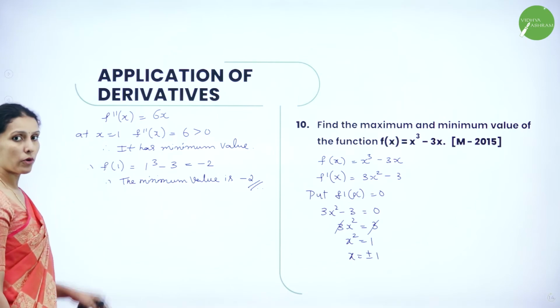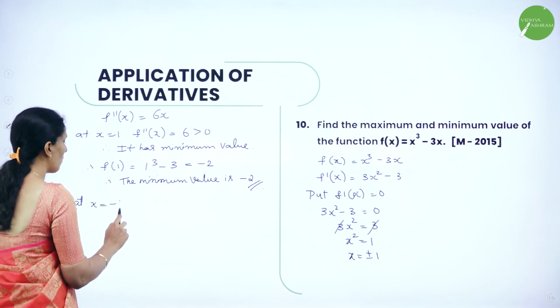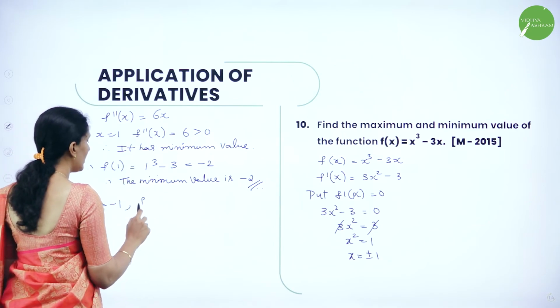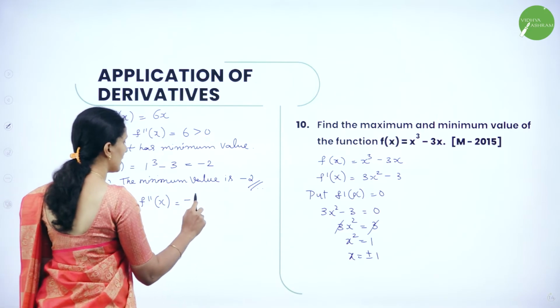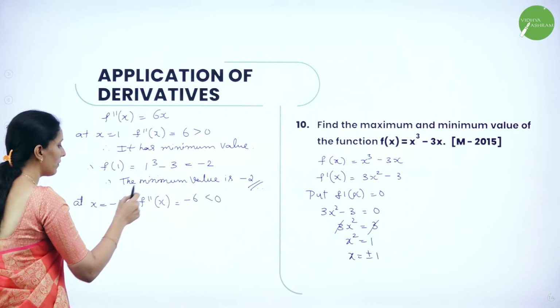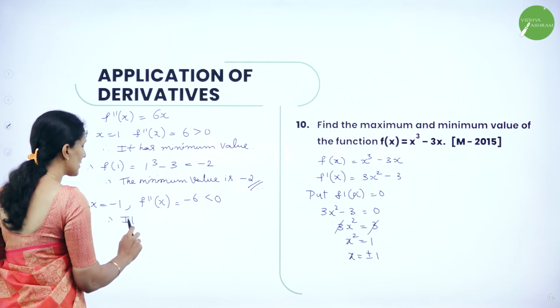Next we have one more critical point, that is at x is equal to minus 1. At x is equal to minus 1, f double dash of x becomes minus 6, which is less than 0. If the second order derivative is negative, then it has a maximum value.